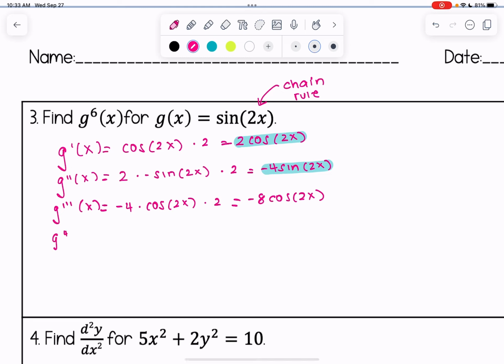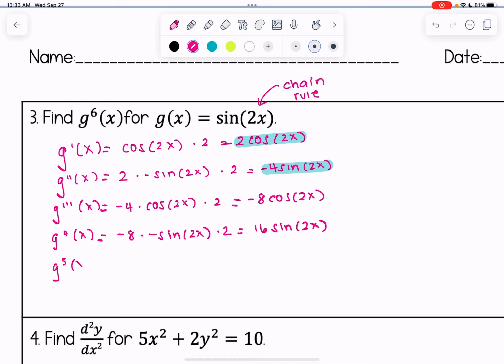Now for our fourth derivative, I'm going to copy the negative 8 down. The derivative of cosine is negative sine 2x times the derivative of the inside, so times 2. And that's going to give me positive 16 sine of 2x.